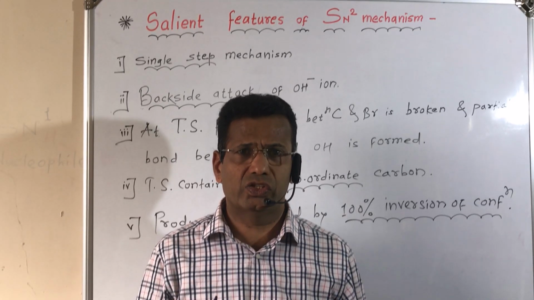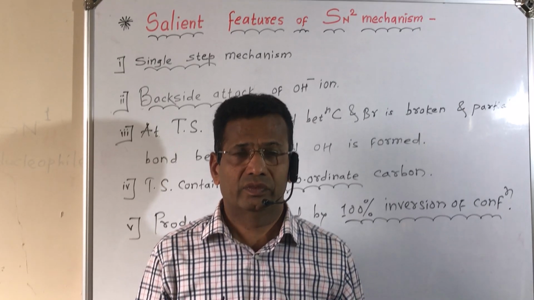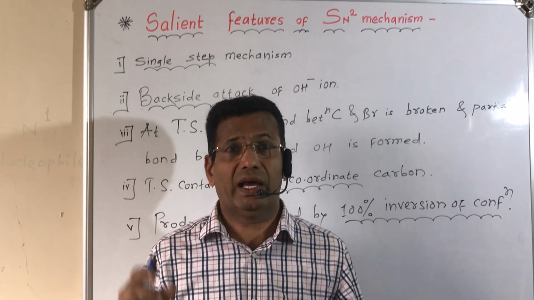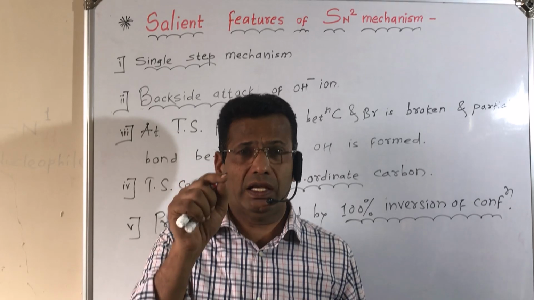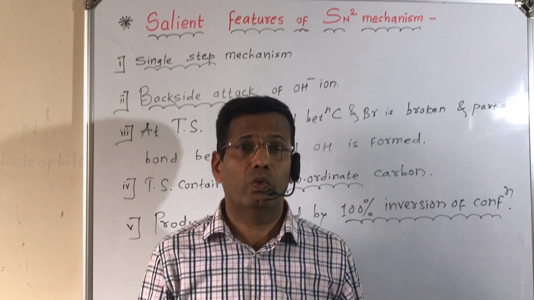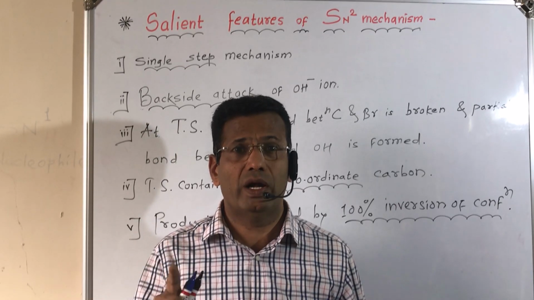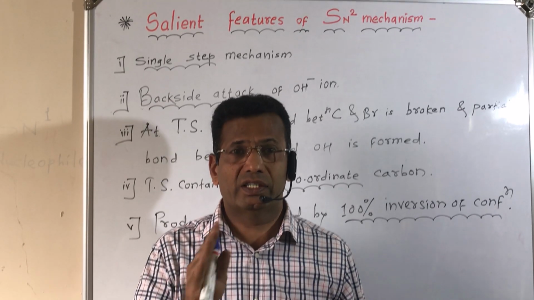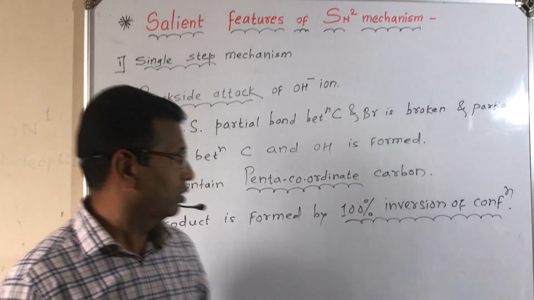At the transition state, 3 hydrogen atoms lie in one plane, and this plane is perpendicular to the OH-C-Br axis, where the HCH bond angle is 120 degrees. That is, carbon forms 3 sigma covalent bonds with 3 hydrogen atoms, and this plane is exactly perpendicular to the OH-C-Br axis.